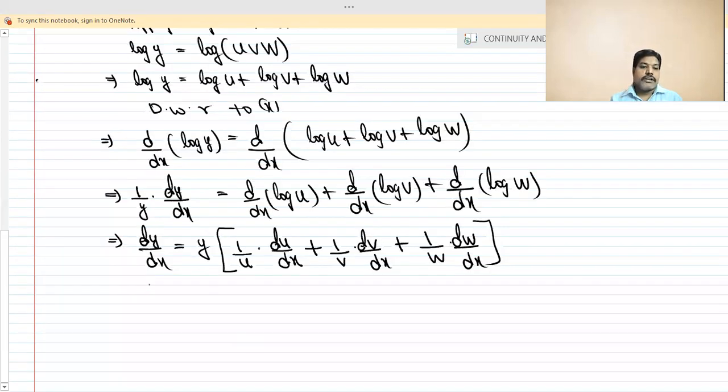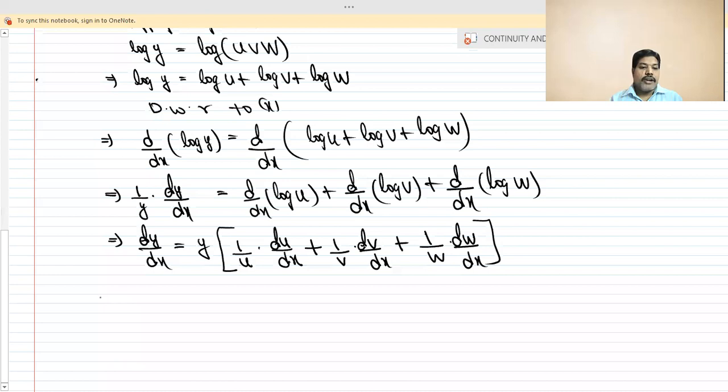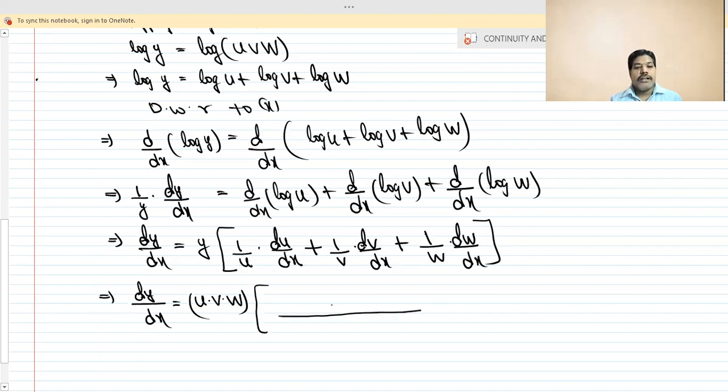So that implies dy by dx is equal to, what is the y value, students? Y is nothing but u v w. Then I will take the LCM here. I am going to take u v w as the LCM.